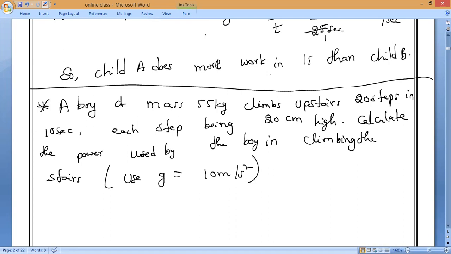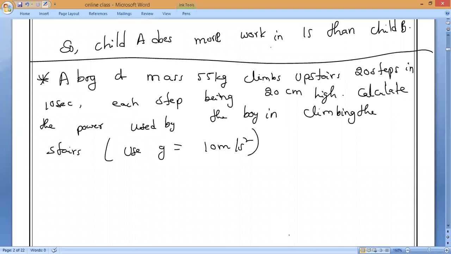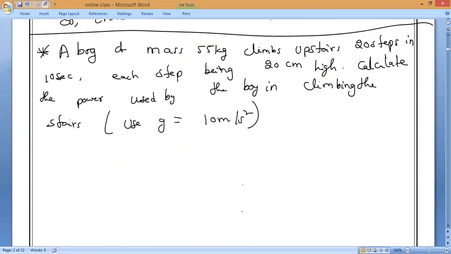Let me see who will solve first. A boy of mass, first. Given mass, M is equal to 55 kilogram. Next, he climbs upstairs of how many steps? 20 steps. We cannot draw 20 steps here, so we'll assume like this.